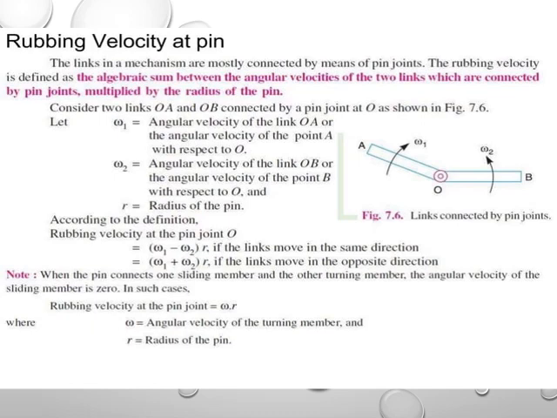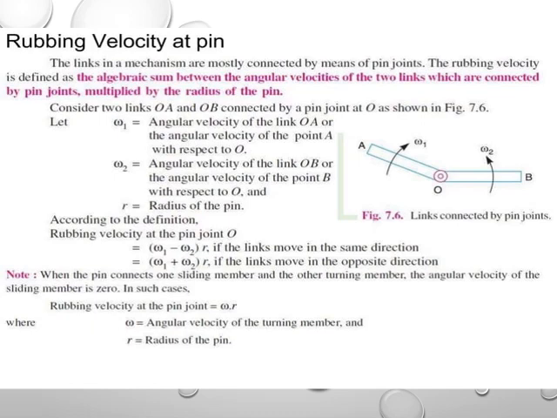Let us consider two links, OA and OB, connected by a pin joint at center O. Let omega be the angular velocity and r the radius. According to this, the rubbing velocity is omega 1 minus omega 2 into r.